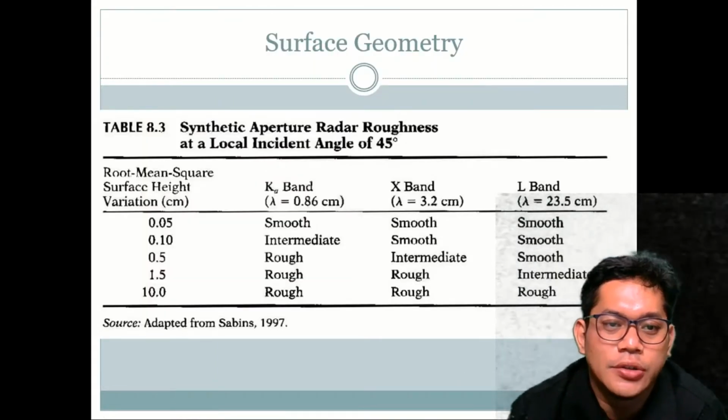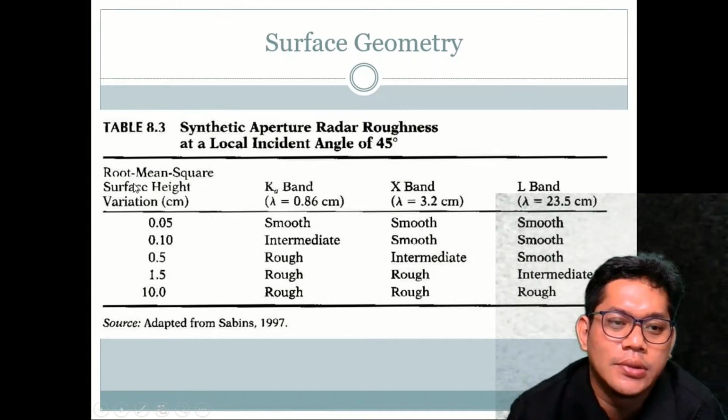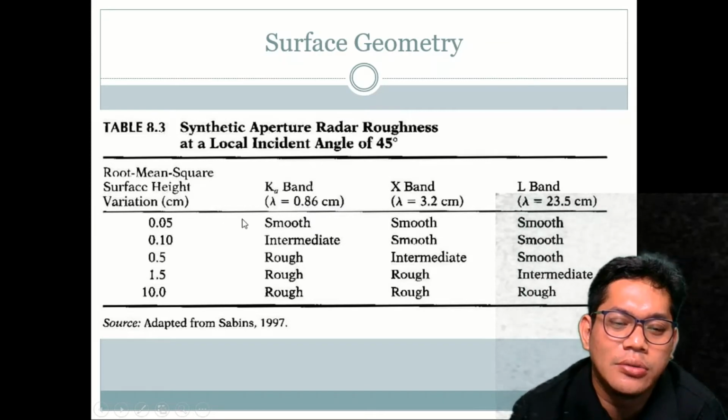Okay, so this is how it looks on the surface height variation in these different areas, and how the image looks. With a narrow band, you will see that it is able to differentiate between these two, but after that it shows the same roughness.